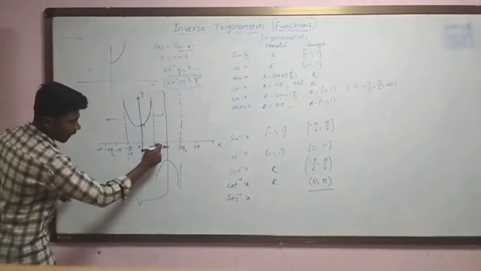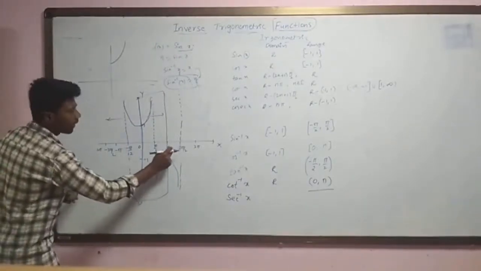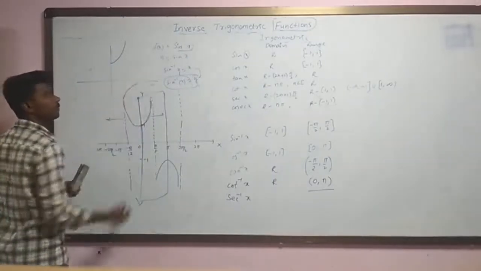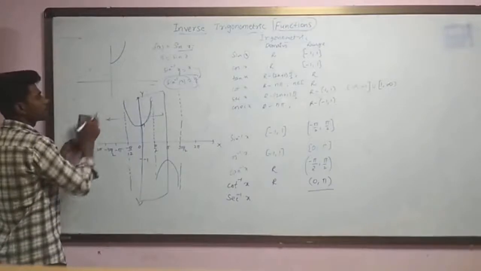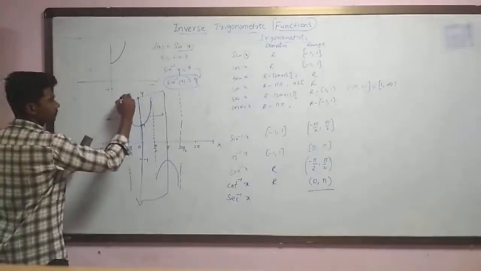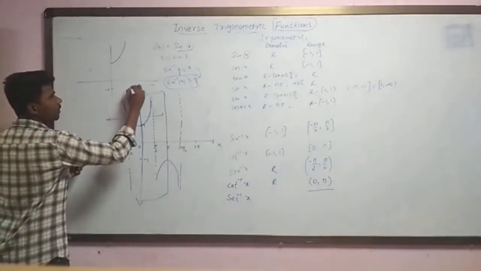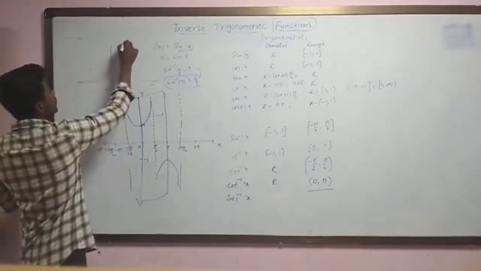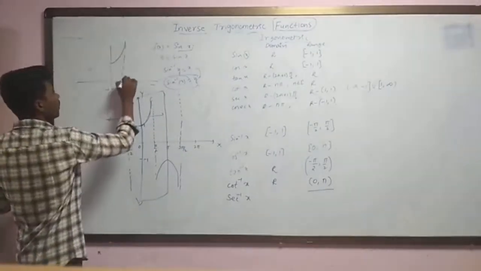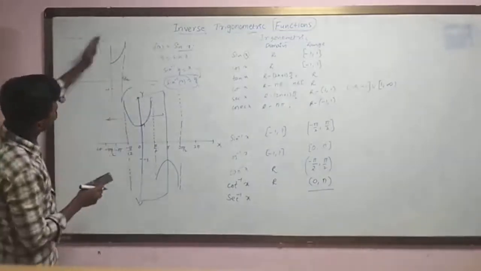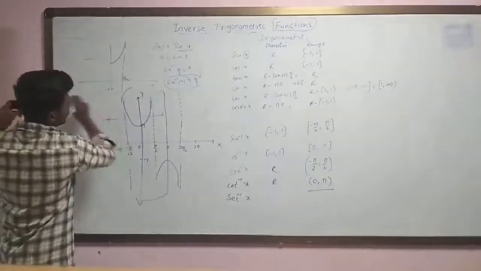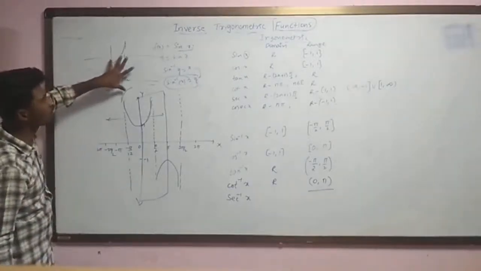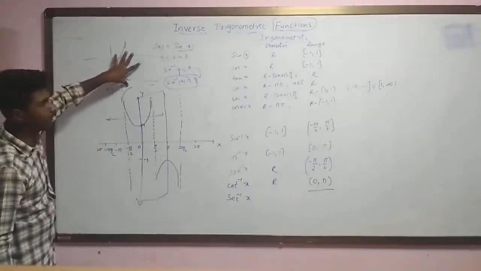Next, from 90 to pi, how is it behaving? Increasing. If I draw a line, it doesn't intersect at two or more points, it intersects only one point, so we can say it is one-one, so we can call it bijective.